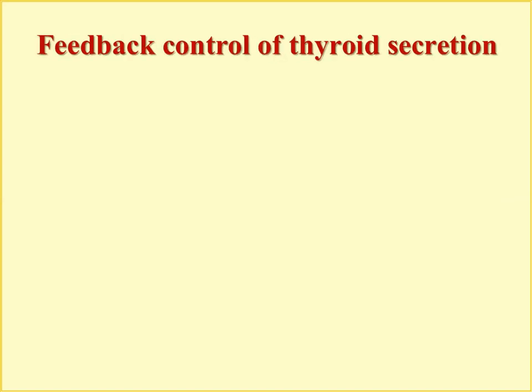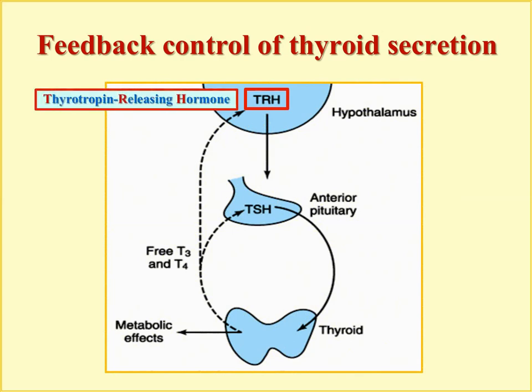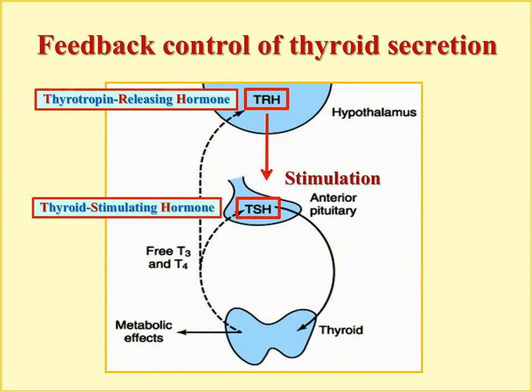First, let's recall the feedback regulation of the thyroid secretion. The hypothalamus produces TRH, thyrotropin releasing hormone. This hormone comes to the anterior pituitary and stimulates its cells to produce thyroid stimulating hormone, TSH.